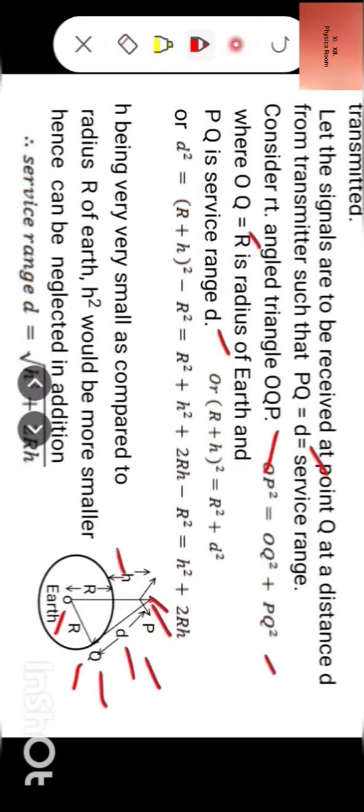So we write the equation R plus h whole square is equal to R square plus D square, and from this we calculate D square.